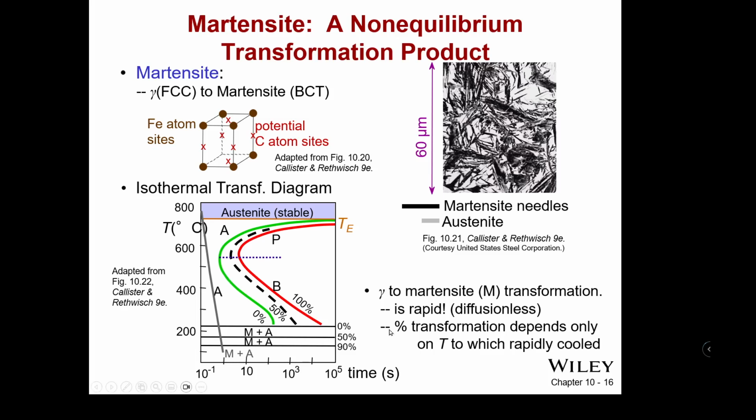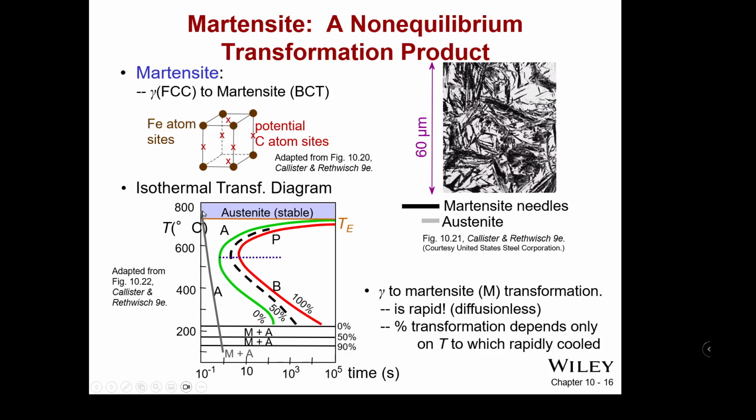This transformation from austenite, the stable phase, to martensite is very rapid. It's diffusionless. Its transformation depends on the temperature to which it's rapidly cooled. So 90% martensite is very rapid cooling down below about 150 C.